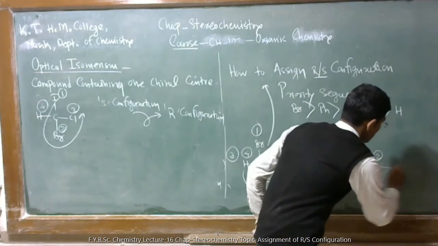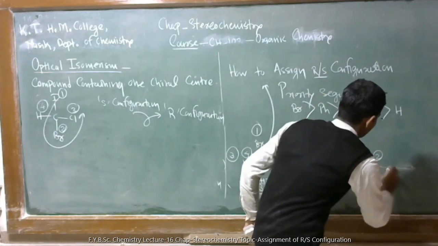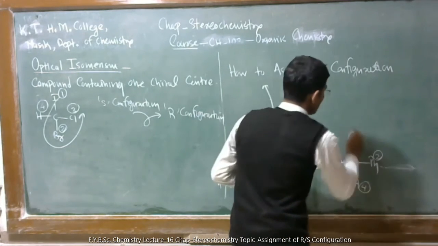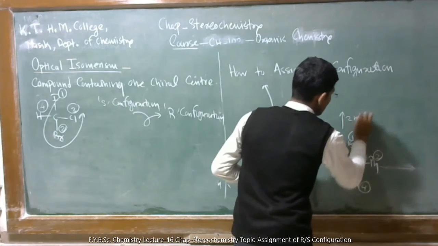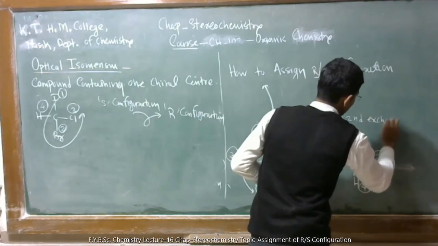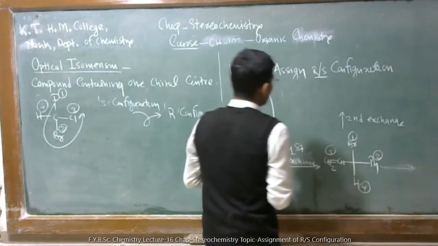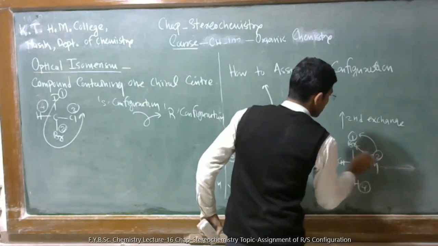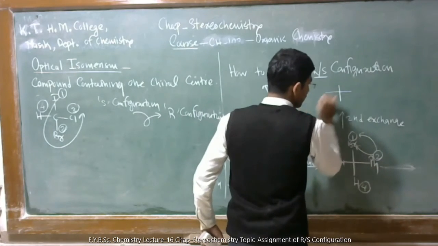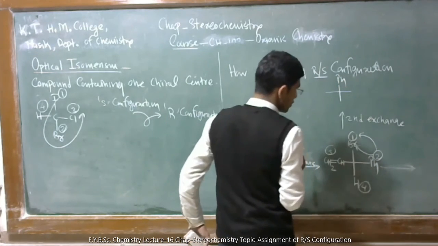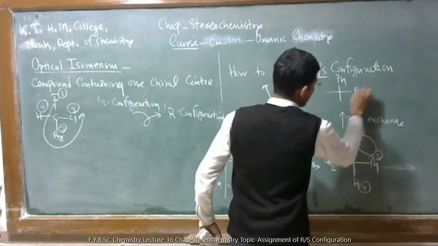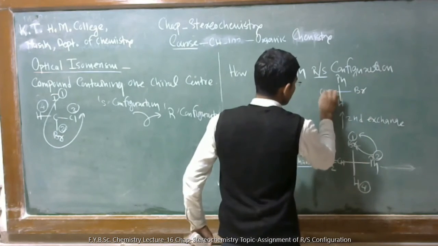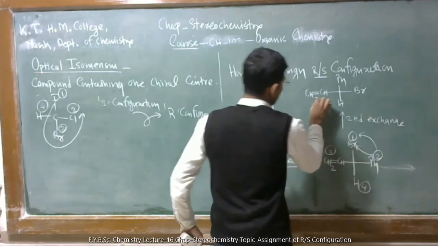In the second exchange, you have to bring the second priority group to the top, meaning the phenyl group at this position, then the bromine group comes at this position, H and CH2 like this.